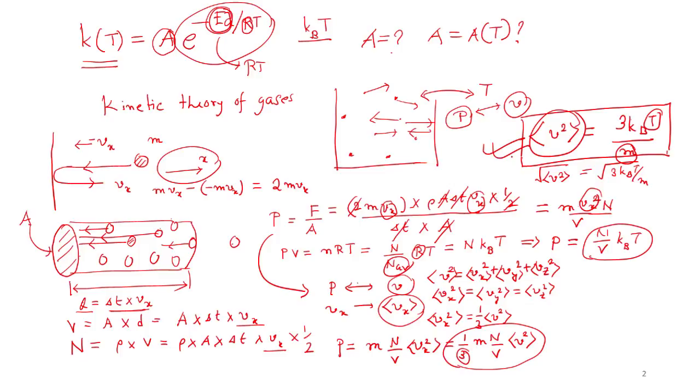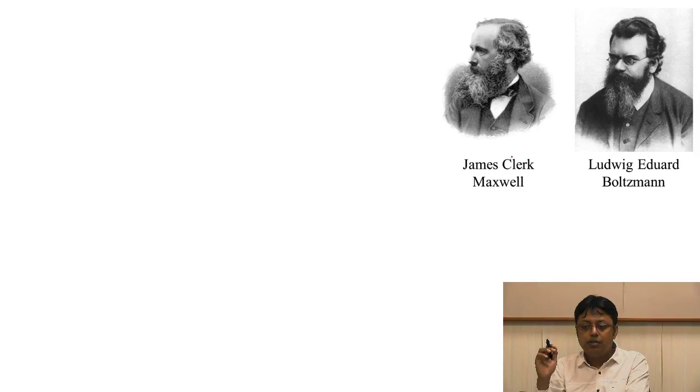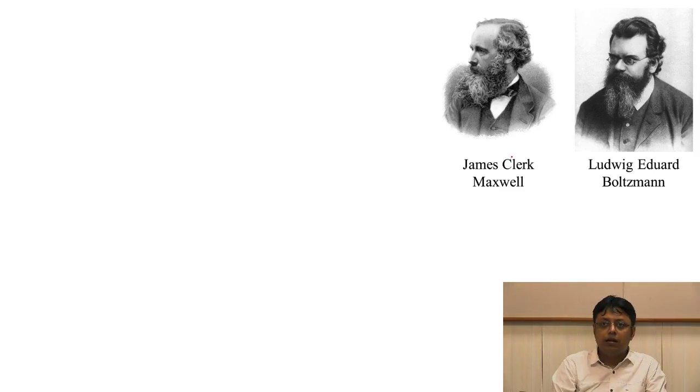Now, to begin with, the Maxwell-Boltzmann distribution was developed by James Clerk Maxwell, and then Ludwig Boltzmann extended it to find the statistical interpretation. What it says is that when we have a collection of molecules, not all molecules are moving at the same speed at a time.